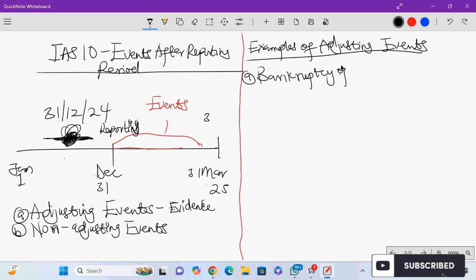Bankruptcy of a major customer. So what do you mean by bankruptcy of a major customer? When one of your major customers goes bankrupt, I'm sure the customer does not just turn up one day and then go bankrupt.